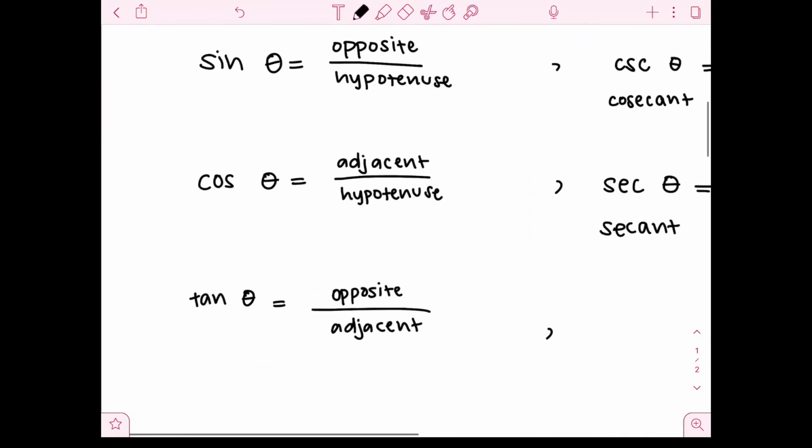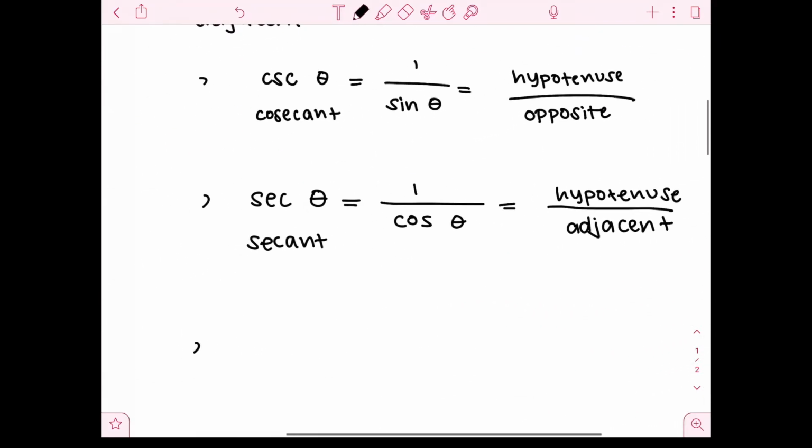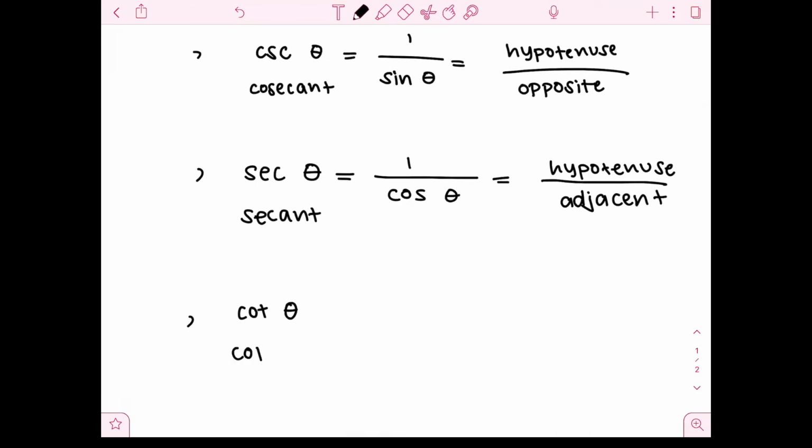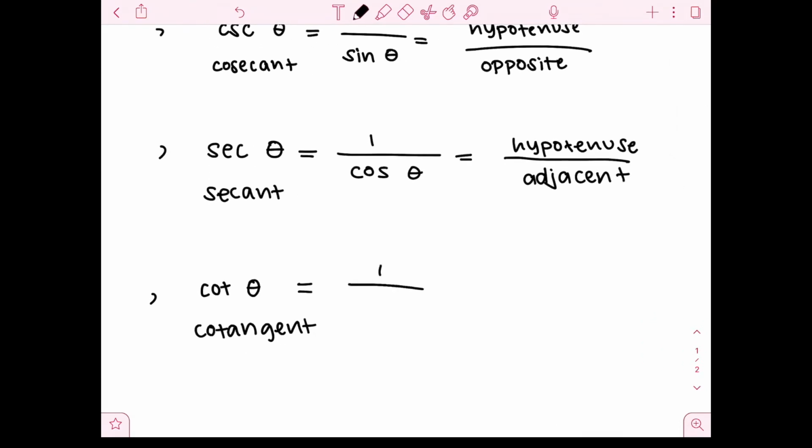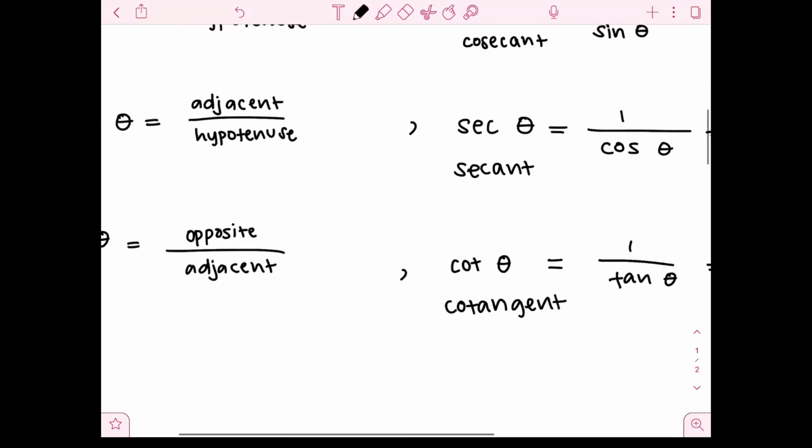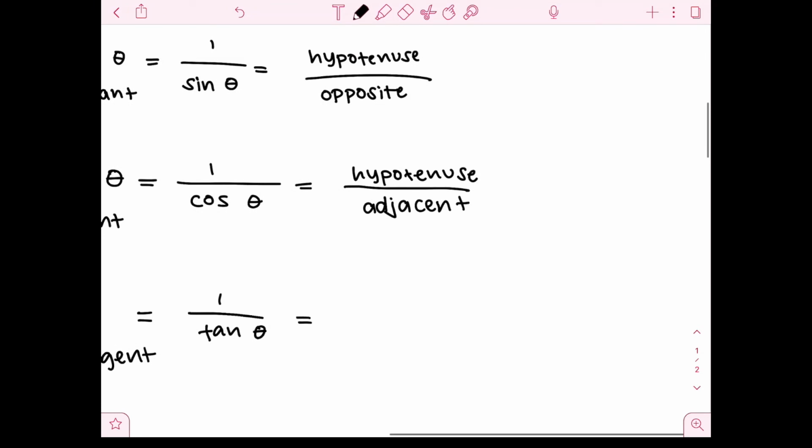Okay, and finally our tangent. Our reciprocal for tangent is going to be called cotangent. And we're first going to write it as 1 over tan theta. And if tangent is opposite over adjacent, 1 over tan is going to be adjacent over opposite.